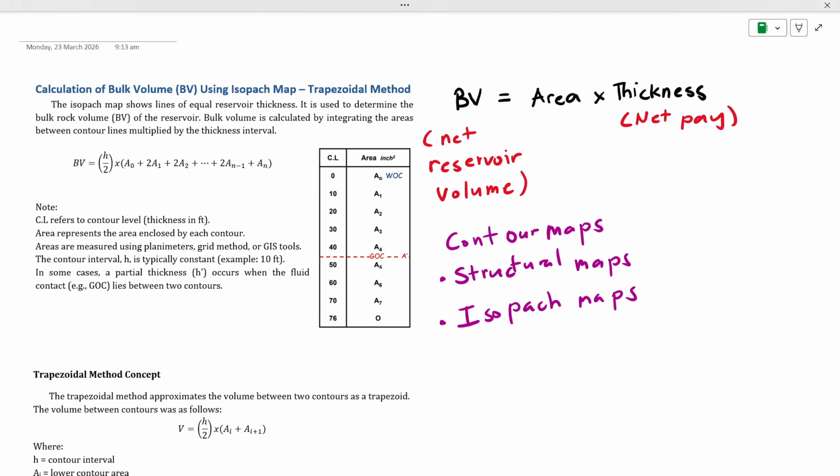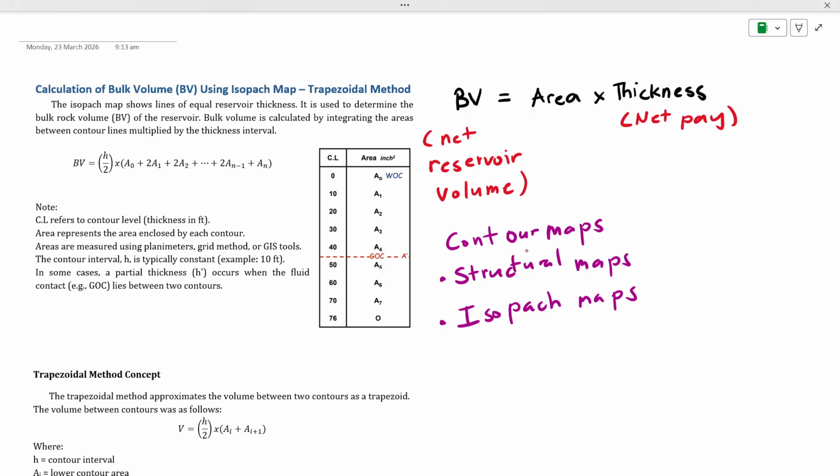These maps show variations in area, changes in thickness, as well as the distribution of data from different wells. And because of this, we need more advanced methods to compute volume accurately using the contour levels and their corresponding areas.